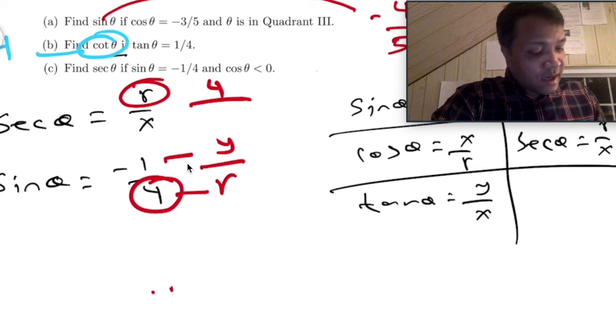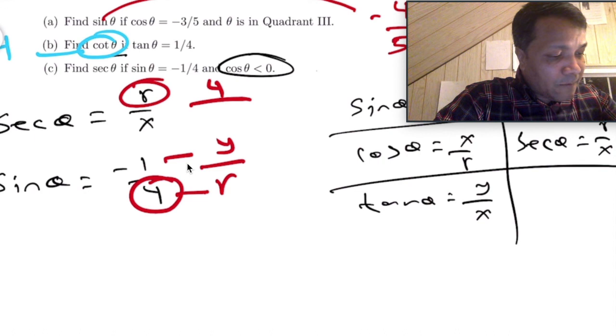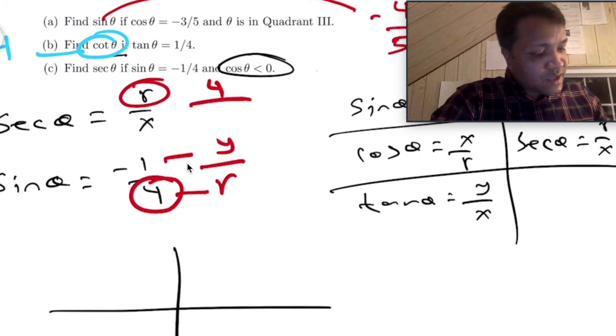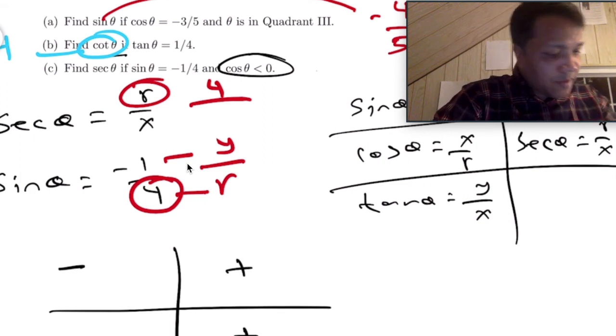But it's very easy. So let's see. We have some condition. Cosine has to be negative. So cosine is positive over here, cosine is positive over here, cosine is negative over here, cosine is negative over here.